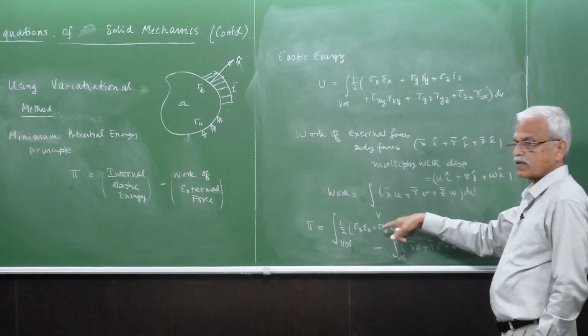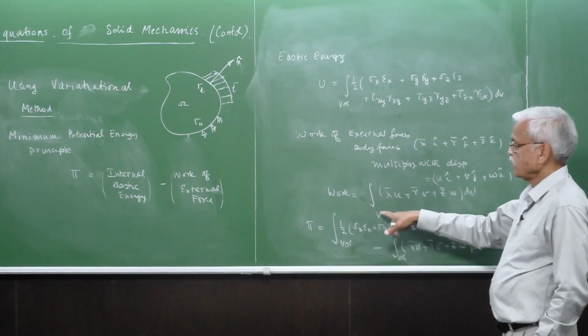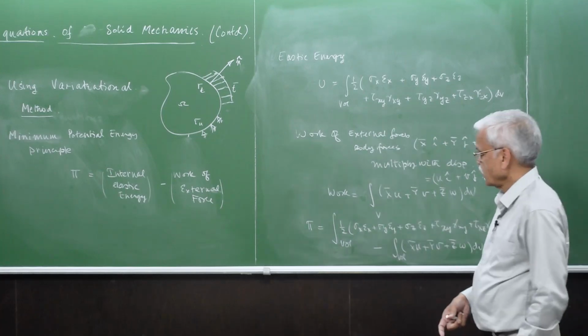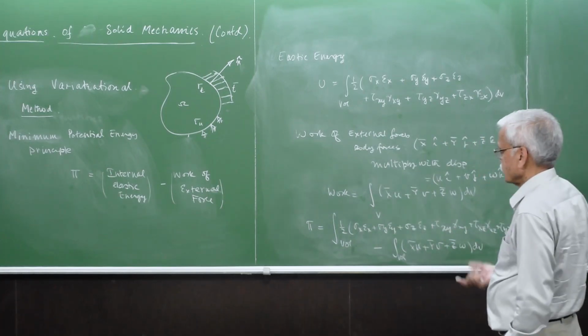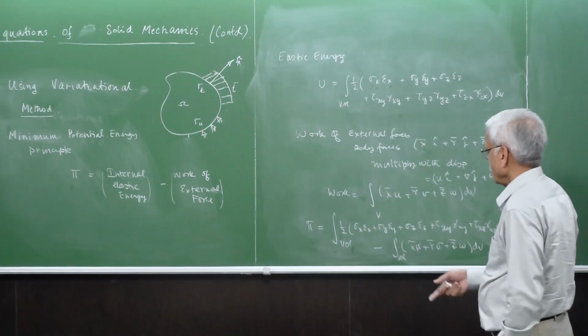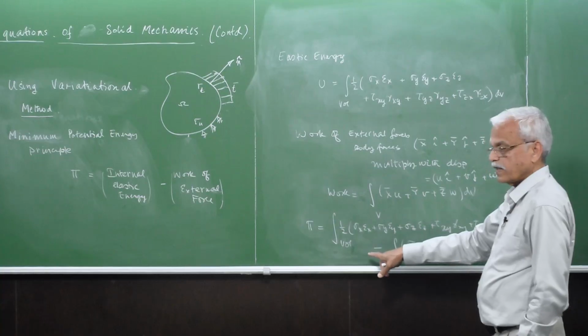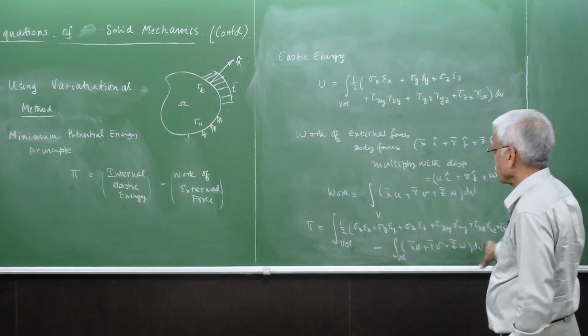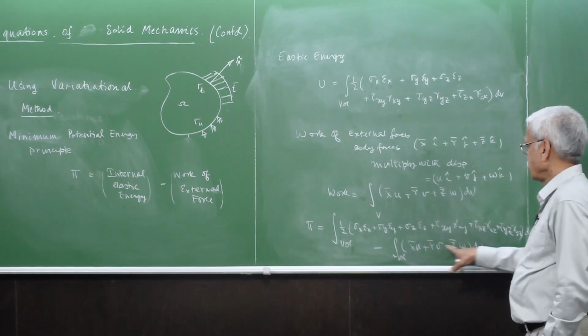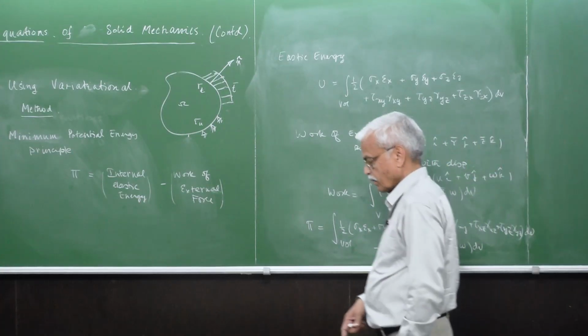So here I am using the integration sign V. Earlier we were using omega. So they are all interchangeable. And so this is the total expression now. The potential energy of the system consists of this elastic energy together with the work of external forces.